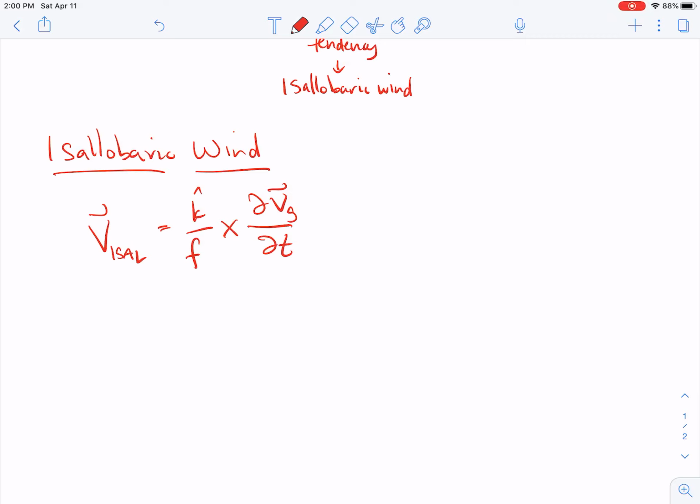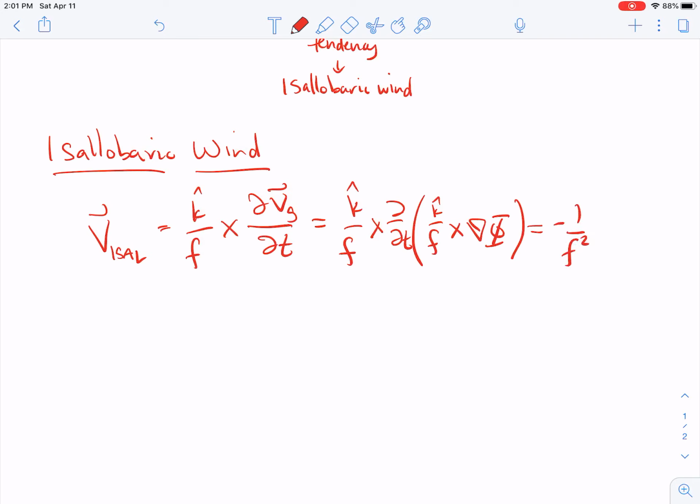Now here, since we're using the geostrophic wind, we could substitute in for geopotential height such that we can alter our equation to be k hat over f cross d/dt of the quantity k hat over f cross del phi, which will leave us with minus 1 over f squared del d phi/dt.